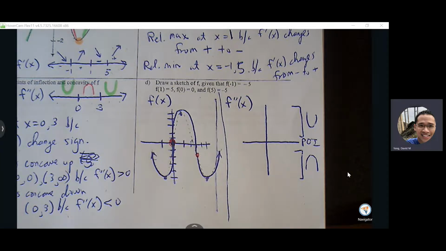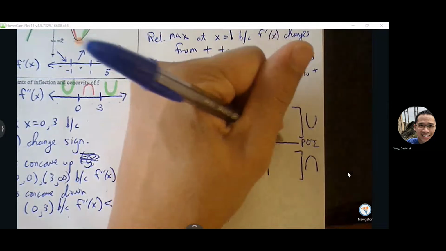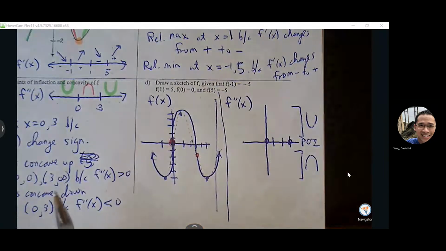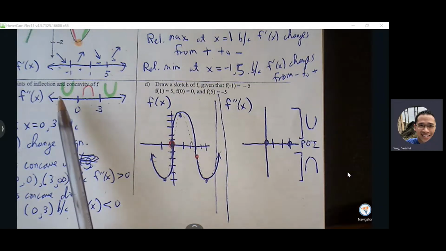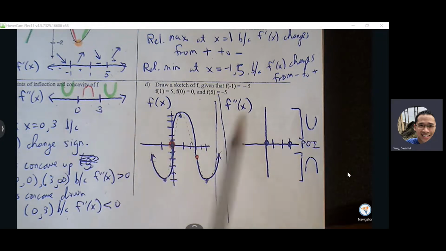I first want to place my points of inflection on my x-intercepts. So 0 and 3. Now you don't want your graph to have this shape, okay? Because it's not going to be as curvy as the original function.